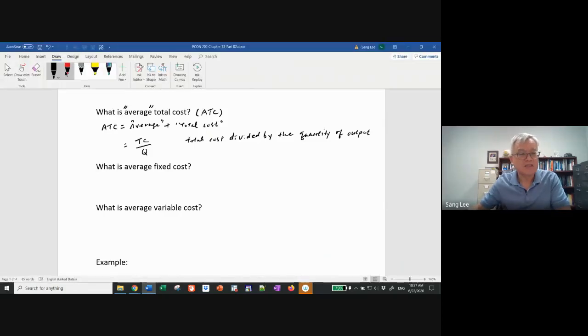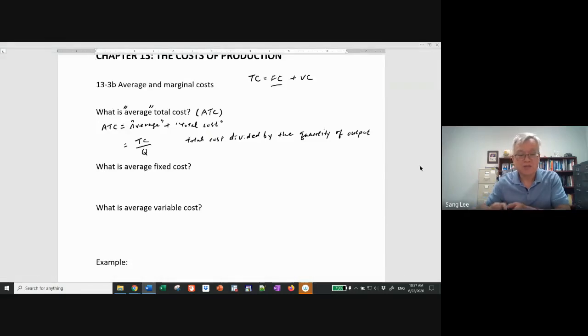Okay, let me use a different color here. So here, what does ATC mean? How should we interpret an ATC?